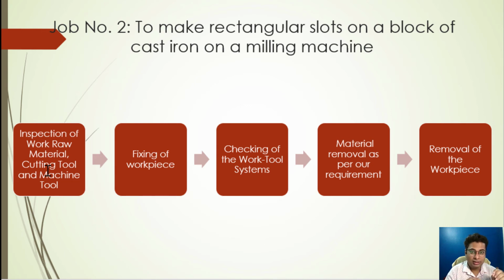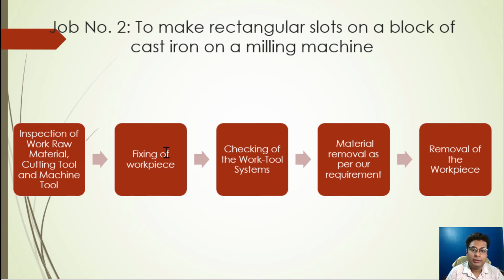So initially we need to inspect the workpiece whether the intended task is possible to be performed on the particular raw material. Then the condition of the cutting tool, the condition of the machine tool, whether it is properly behaving or not, whether it requires oiling or greasing, we need to check.